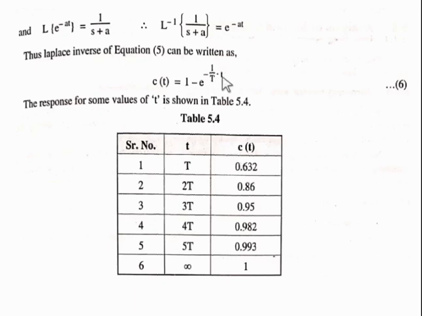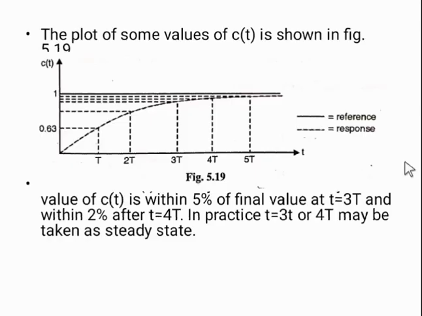If we put t equal to 2T, we get c(t) equal to 0.86. At t equal to 3T, we get 0.95. At 4T, c(t) equals 0.982. At 5T, we get 0.993. At infinity, it becomes 1. So at infinity, c(t) equals 1. So it is steady state at infinity.